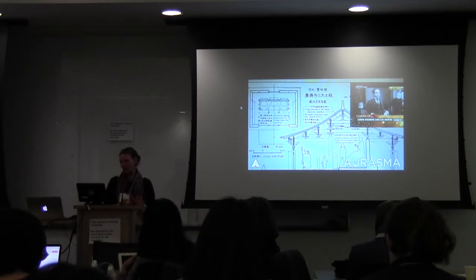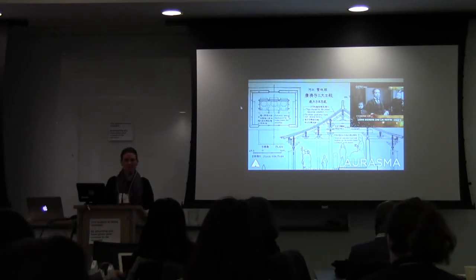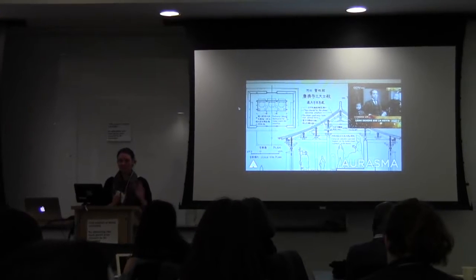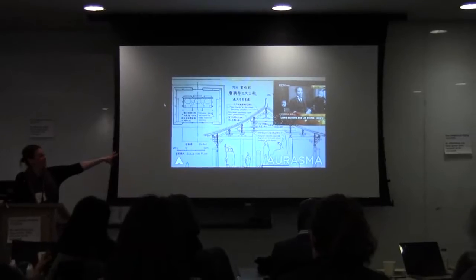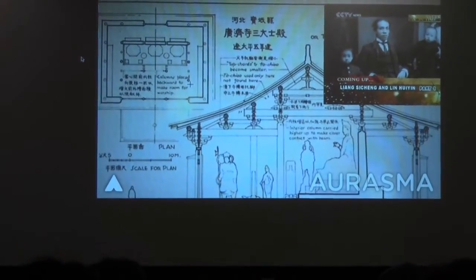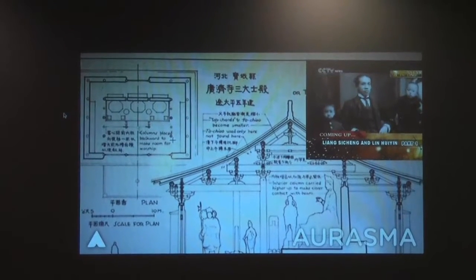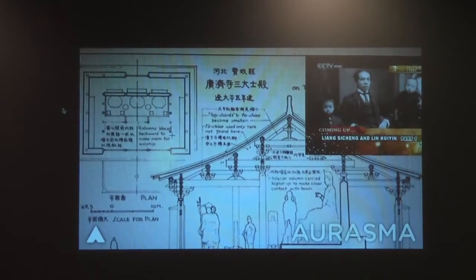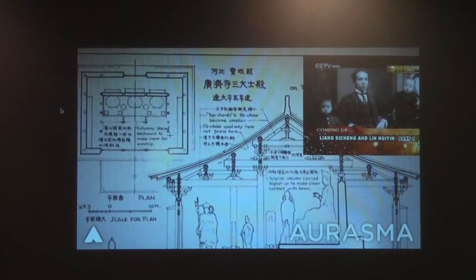However, I have had a little bit more success more quickly teaching this tool, Orsma. This was made in 30 seconds, and if anyone has the app on their phone, this will actually play a documentary. This is again an image from Liang Sicheng's drawings.